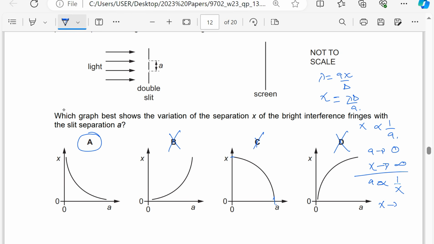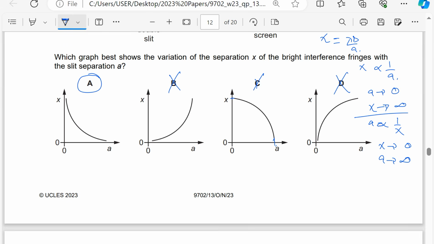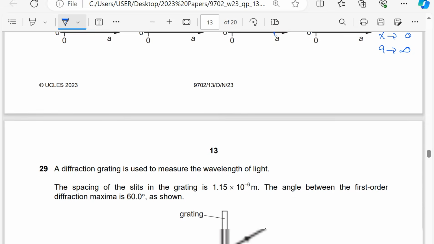And when x tends to 0, it means a is tending to infinity. So this graph must be asymptotic to the axes, doesn't touch any of the axes. I'm saying C is wrong because when you prolong the graph, it will touch the axis. Yet for A, when you prolong the graph, they don't touch the x-axis or the y-axis.